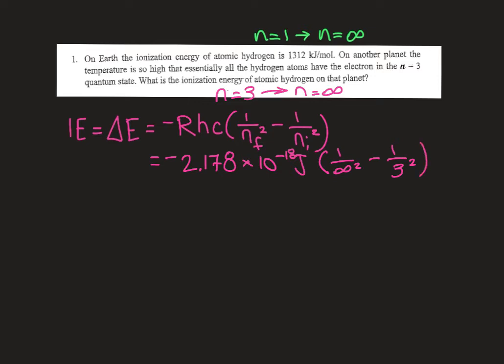Okay, so quick, I guess it's a pre-calc moment that we have to have here. 1 over infinity, 1 over really, really, really, really large numbers, that's going to go to 0. And then when you do the rest of the arithmetic, you'll get an answer here of 2.42 times 10 to the negative 19th joules.